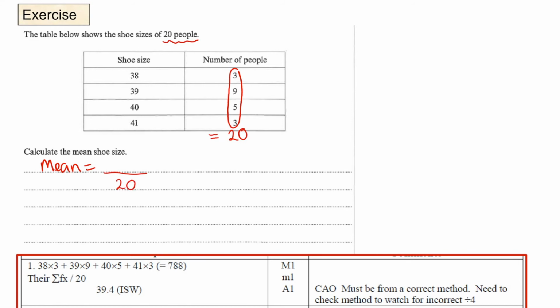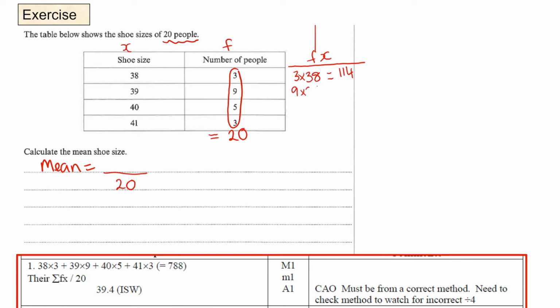and then we need to find the total of the shoe sizes. So you may want to create another column here. If you were using the algebra, you'd call this F, you'd call this X, and this would be Fx. So you multiply these together: 3 times 38, which is 114.